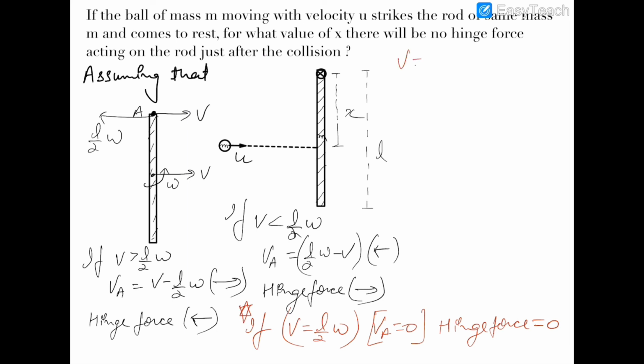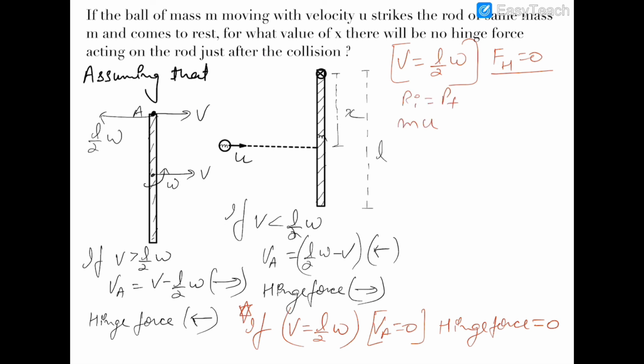We now have v equal to L by 2 omega, so that hinge force is 0. Now, if the hinge force is 0, then we can balance the initial and the final momentum.